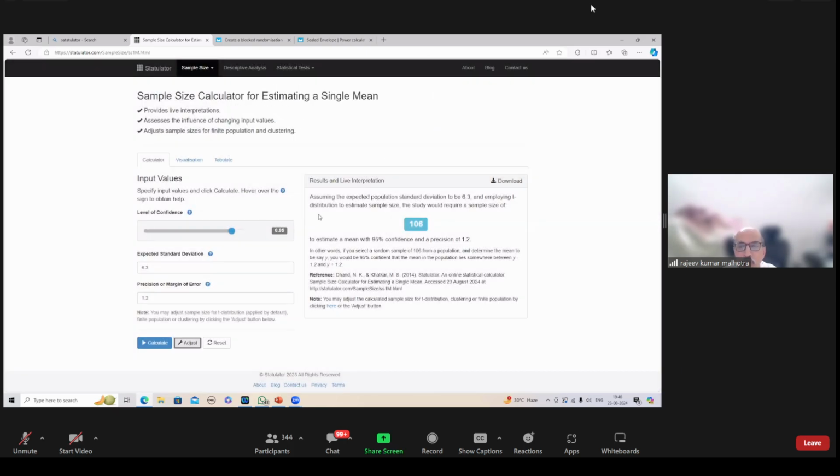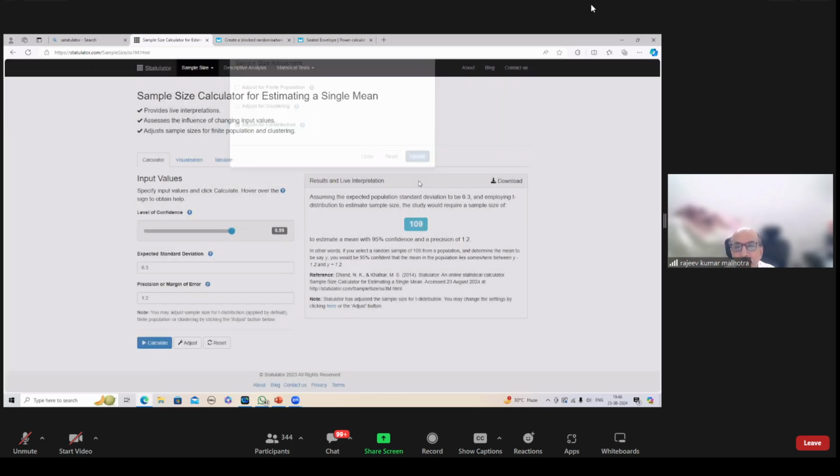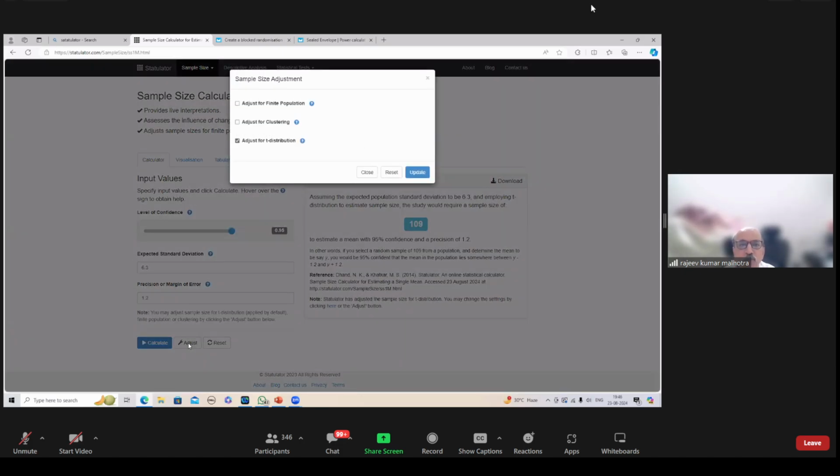Generally, whatever formula we are using here, I have used in the slide. I use the normal distribution for that one. But if you use the t distribution, in that case, the sample size will slightly increase. So that depends on whether you are using the normal distribution or the t distribution.